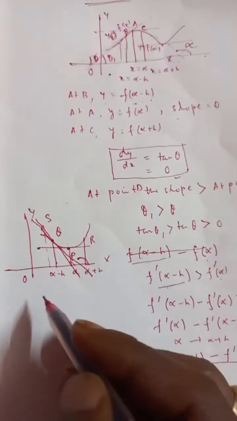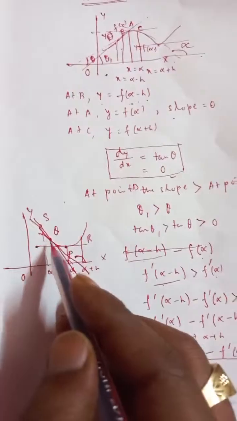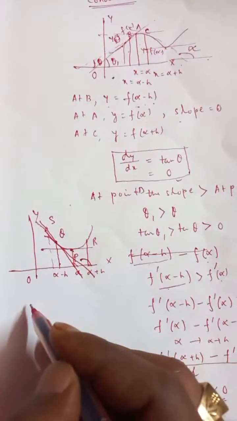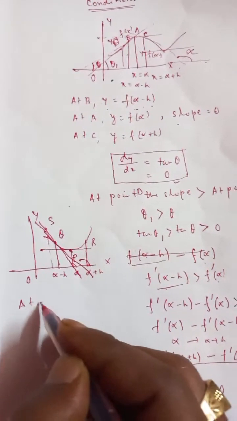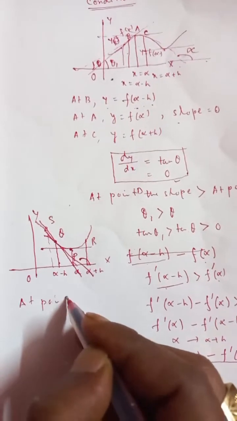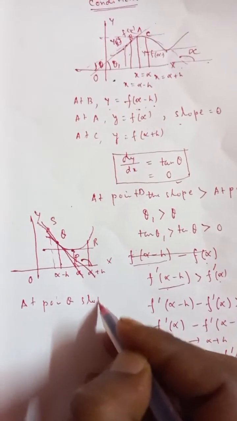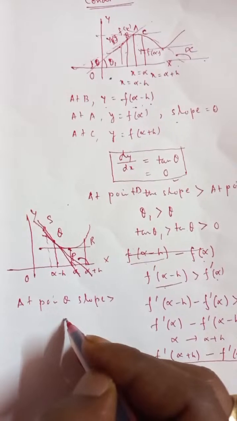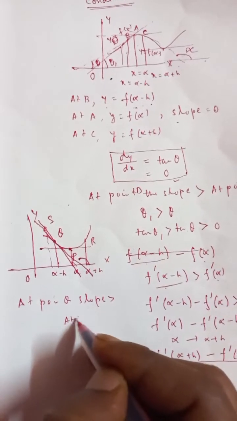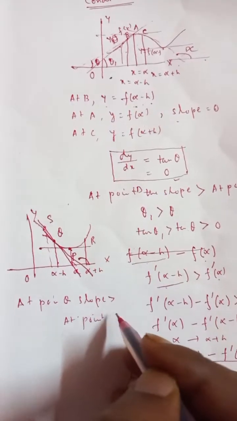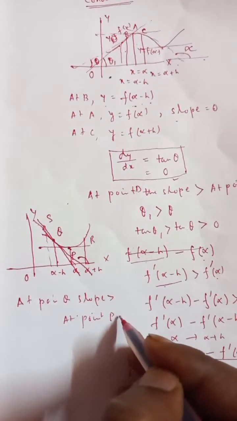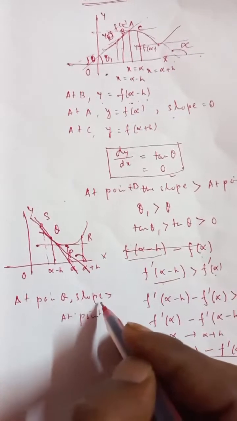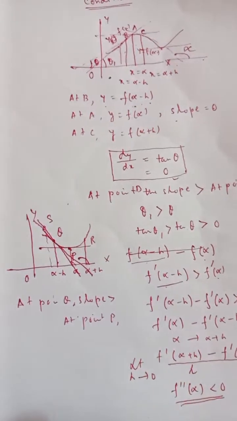So we can write that the slopes are decreasing slowly, and at the point it becomes 0. So the slope at point Q is greater than the slope at the point P.